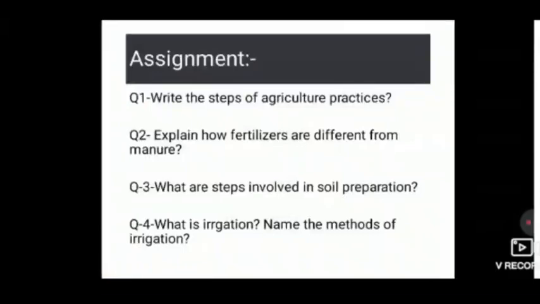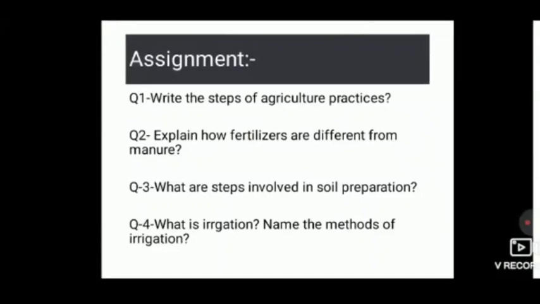Here you can see the assignment. Here some questions are there. Write down these questions in your copy. The first question is, write the steps of agriculture practices. The second question is, explain how fertilizers are different from manure.